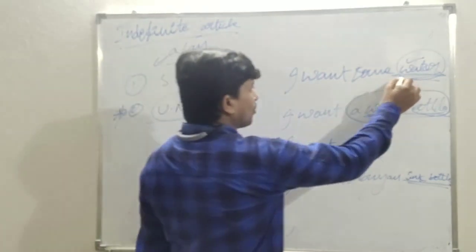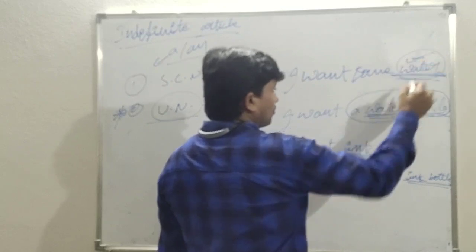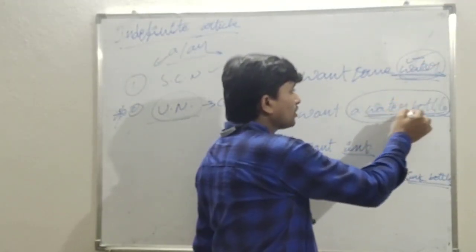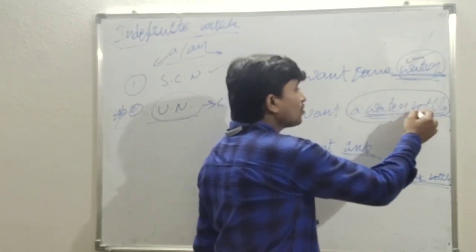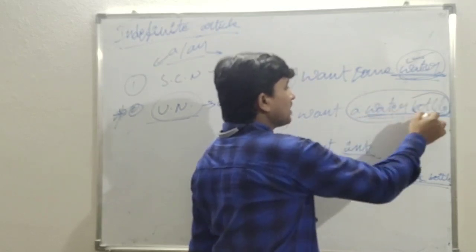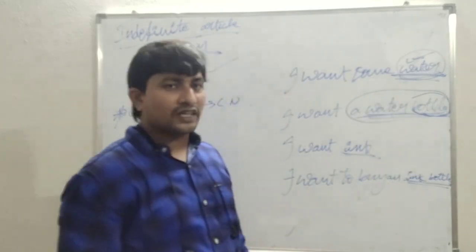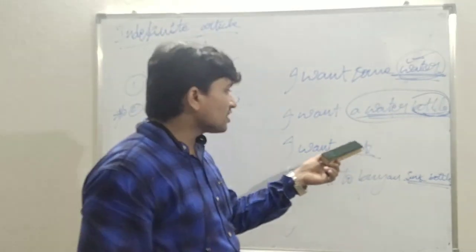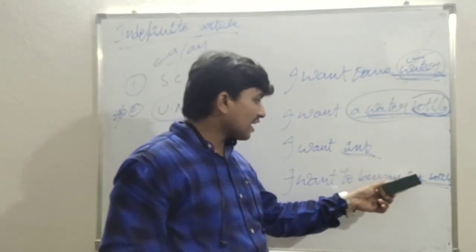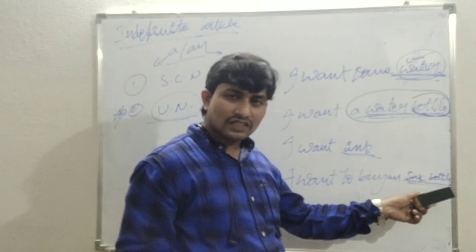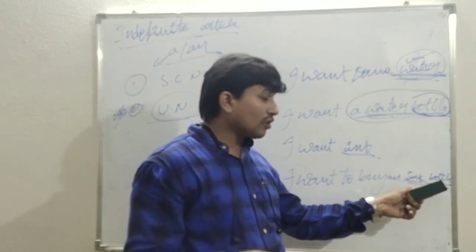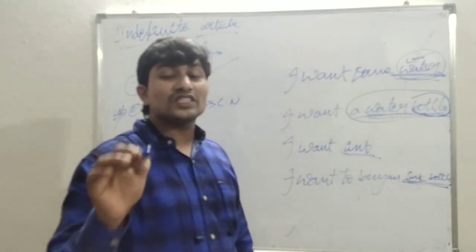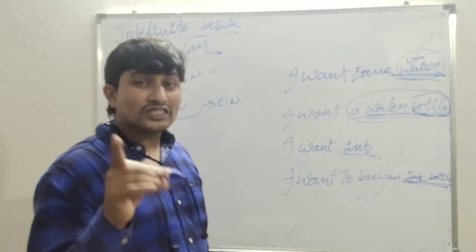So here, I want some water is an uncountable noun. And again, I want a water bottle. Here water, this uncountable noun, is used along with the countable singular noun bottle. Then the whole compound word is known as a singular countable noun. So a water bottle. Here also ink is uncountable. When this uncountable ink is used along with the singular countable noun bottle, it is known as a compound singular countable noun.